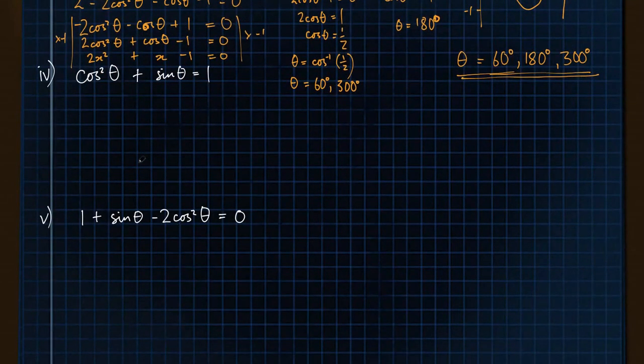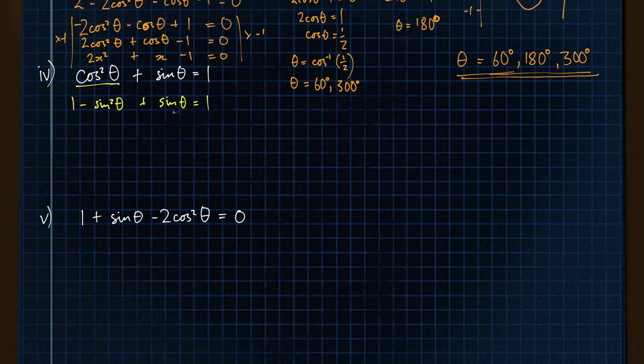Next one, cos squared theta plus sine theta equals 1. I can replace again this cos squared theta with 1 minus sine squared theta. So 1 minus sine squared theta plus sine theta equals 1.